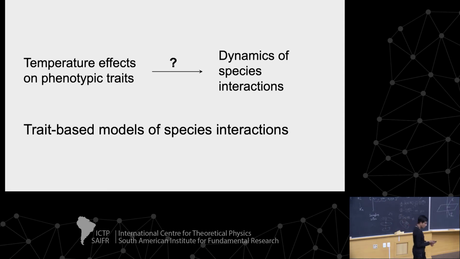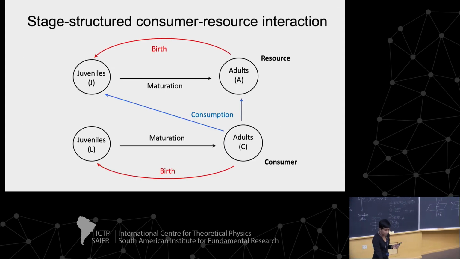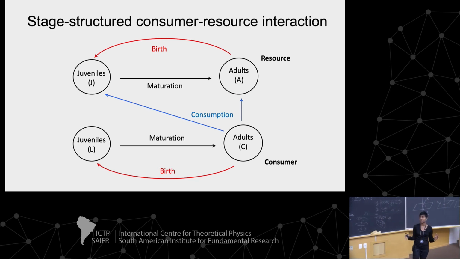Okay, and as before, our big question is: how do these temperature effects that operate on the traits translate into the dynamics of species interactions? Now here, I'm using a different model because we are very interested in the stage structure.